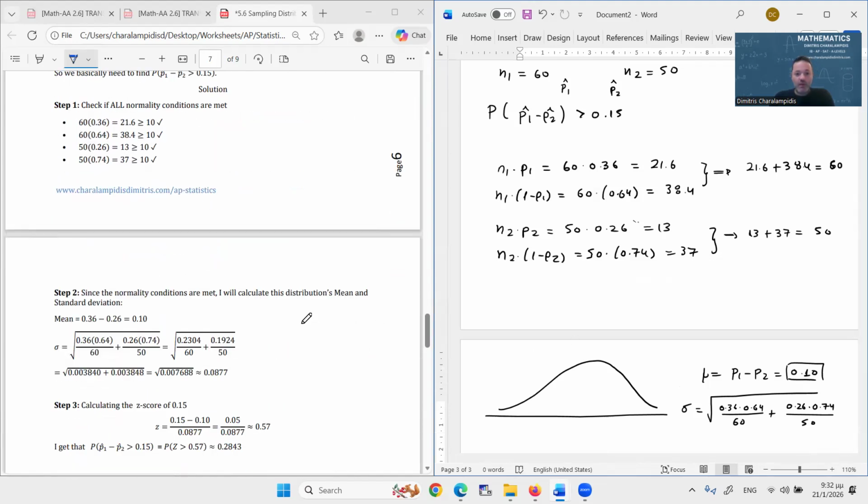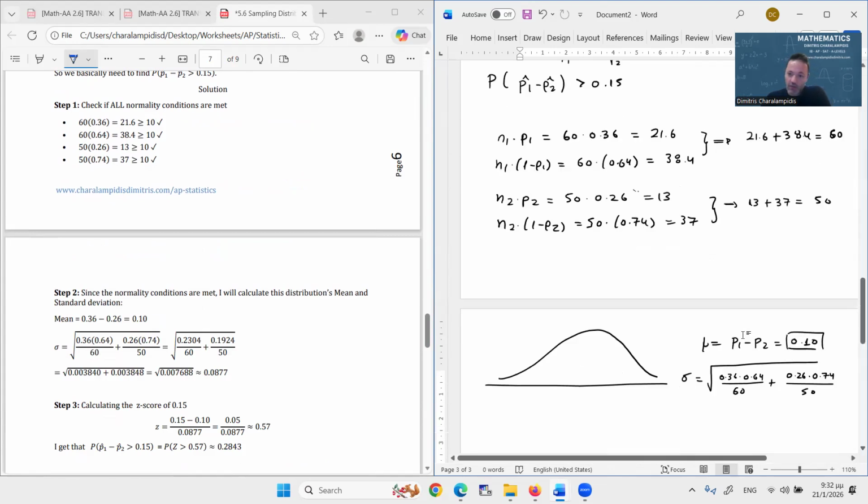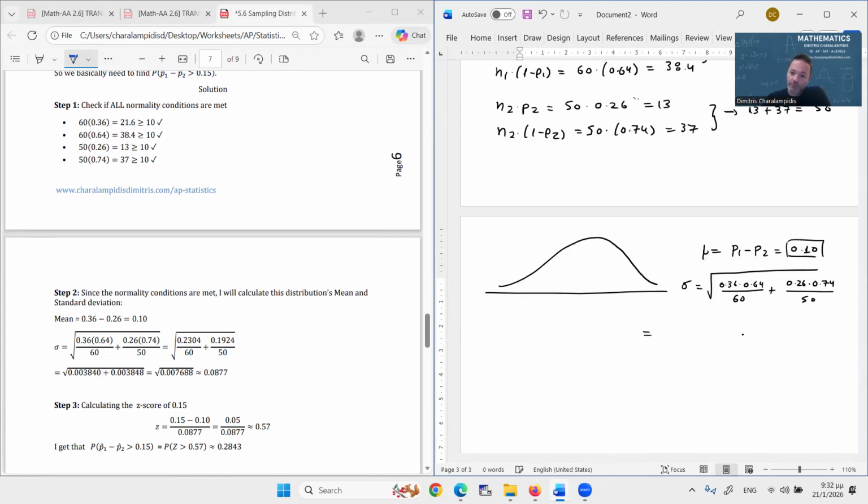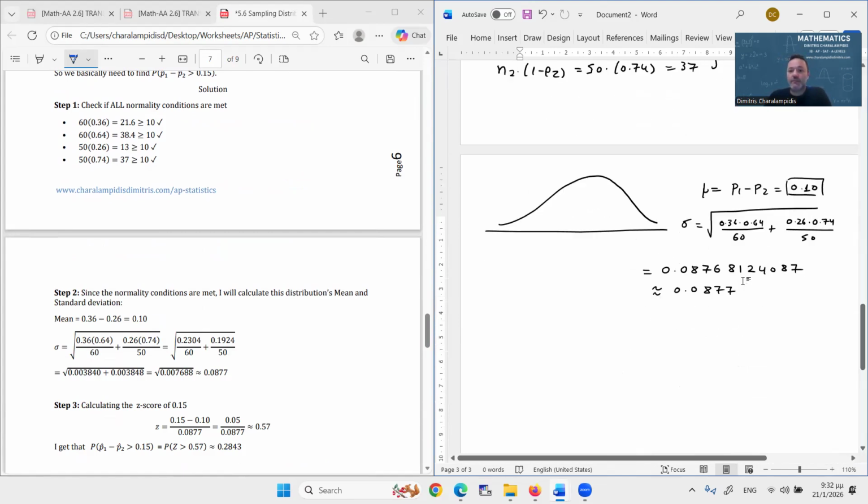That would be equal to 0.08768124087. That's the number I found from my calculator, which is approximately 0.0877 when rounded to three significant digits.